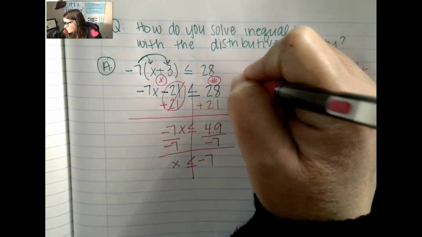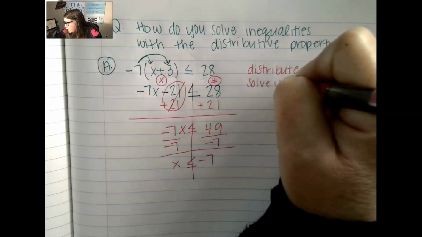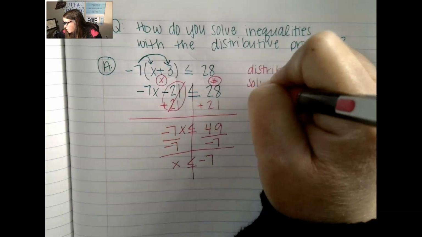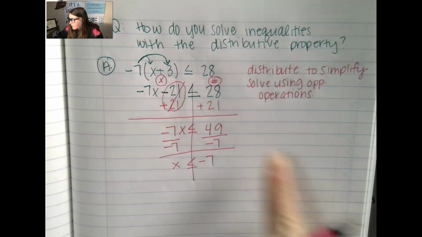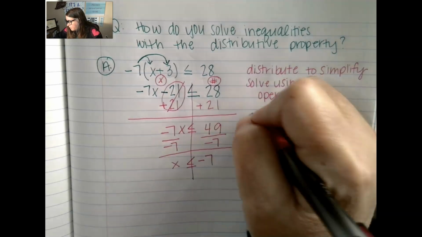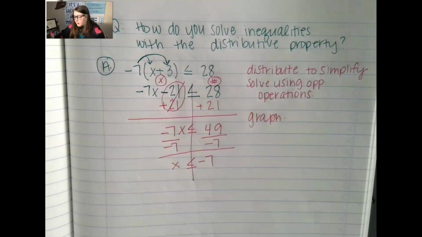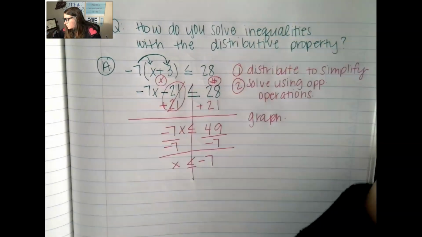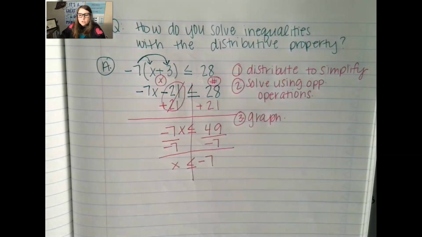So step 1, distribute. Step 2, solve using opposite operations, and then step 3, we're going to graph.